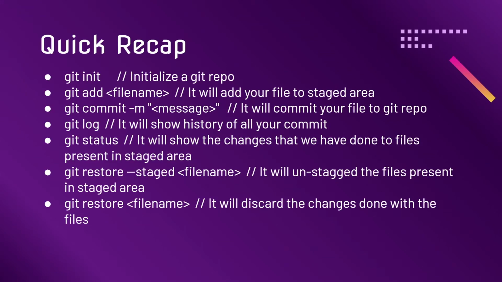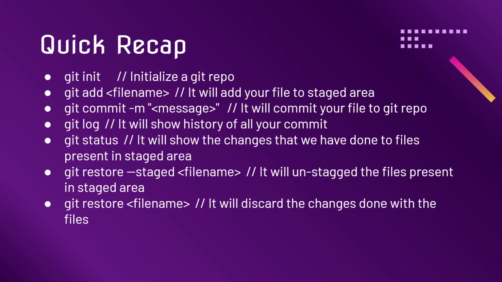So just to give a quick recap of what we have learned yesterday. These are the commands that we taught you yesterday and they will be needed for today's session as well. So just to brush up your Git skills, I will go over an overview of these commands. At first we have git init, which will initialize a Git repository.